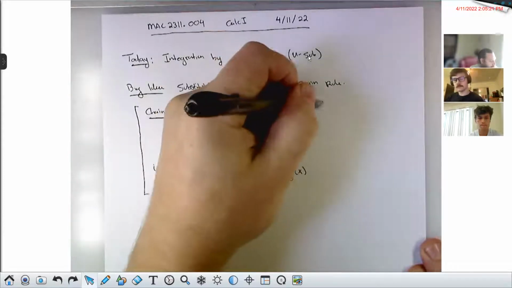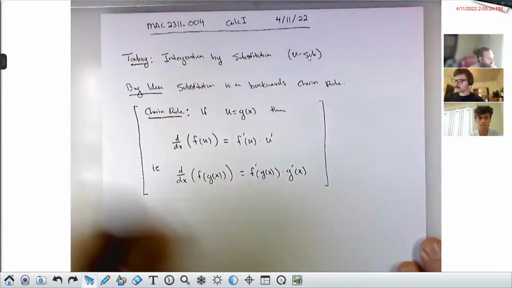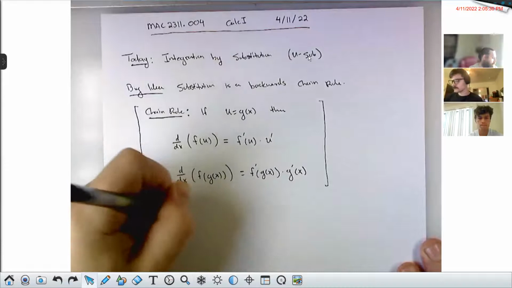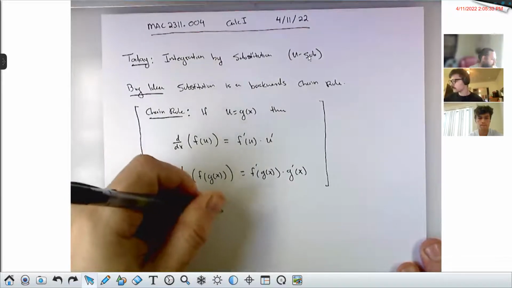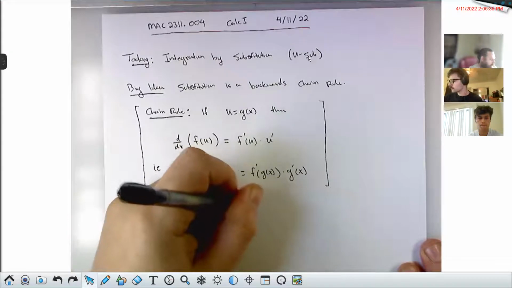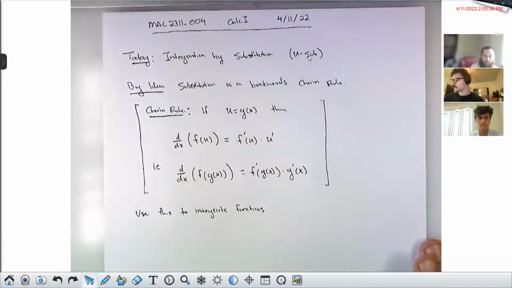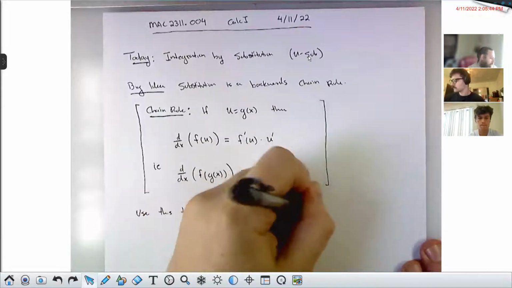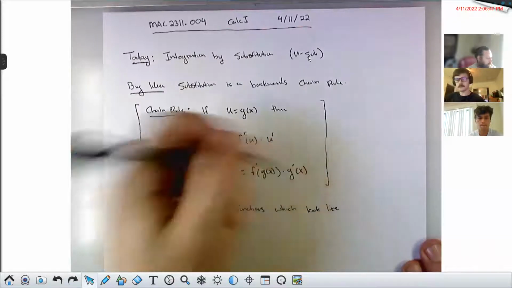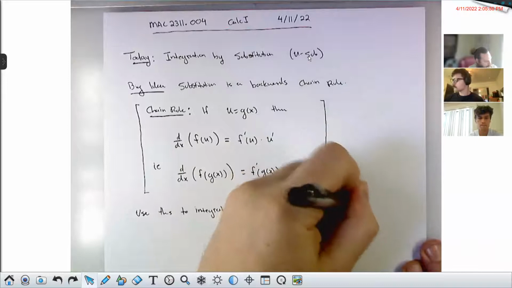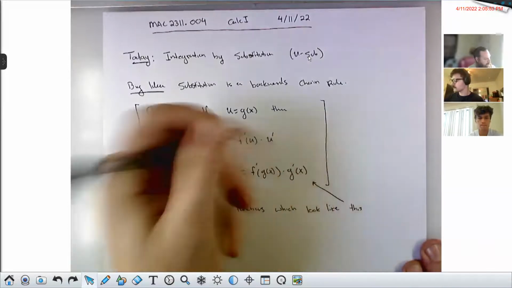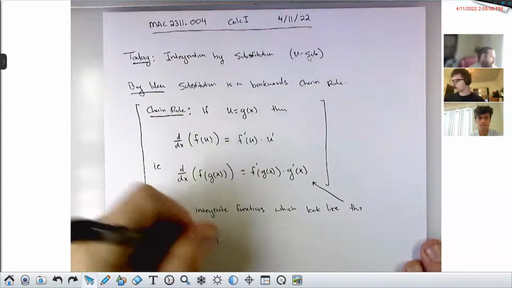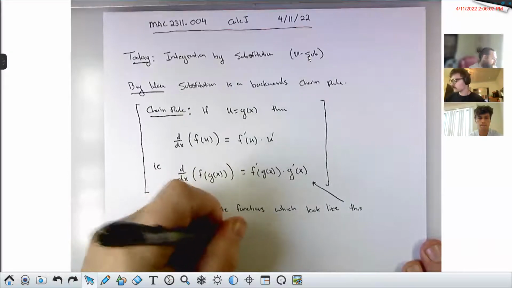So what we're going to be doing is using this to integrate functions which look like output from the chain rule, something like f prime of g of x times g prime of x.